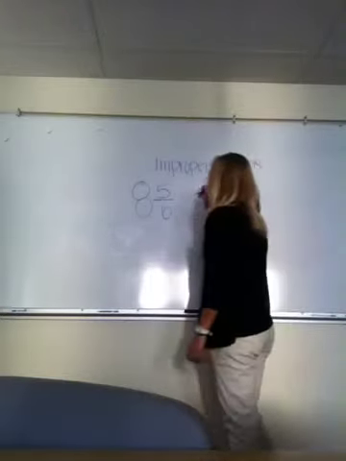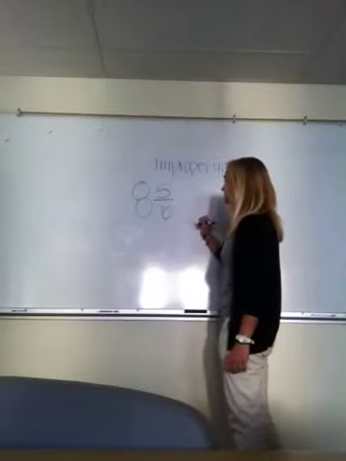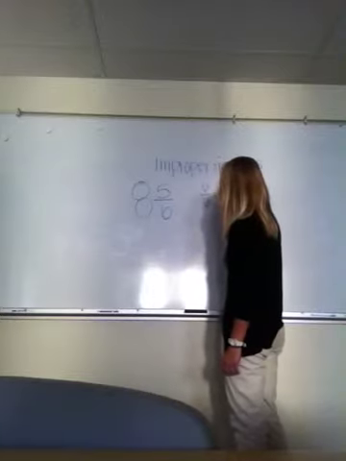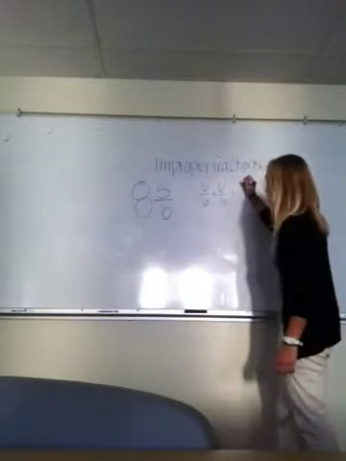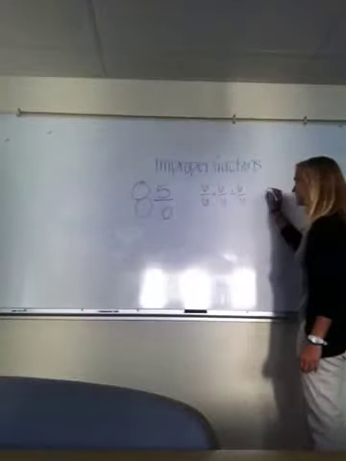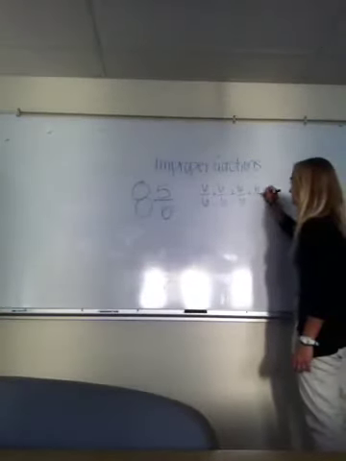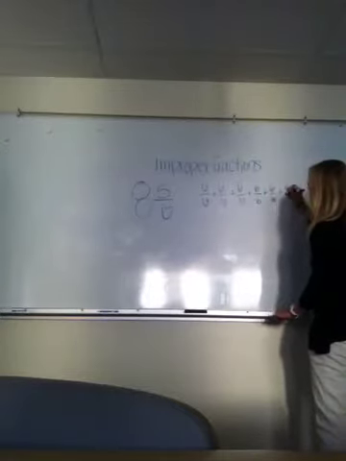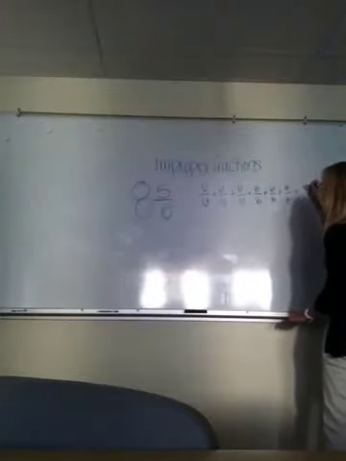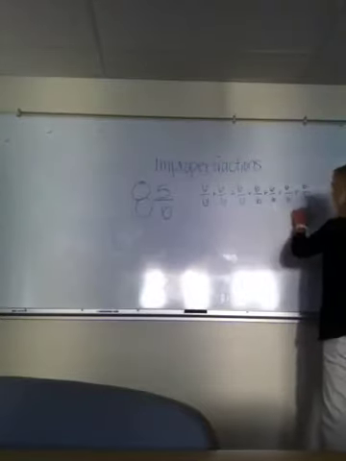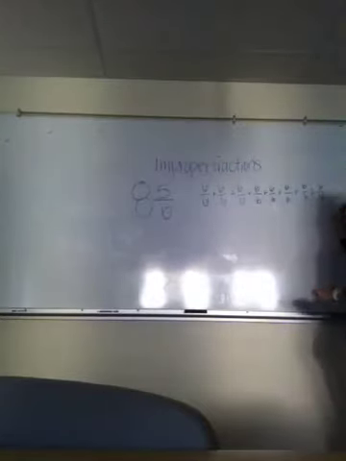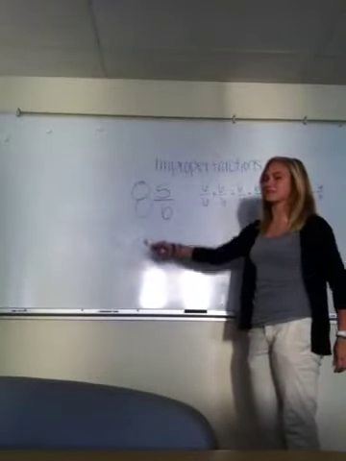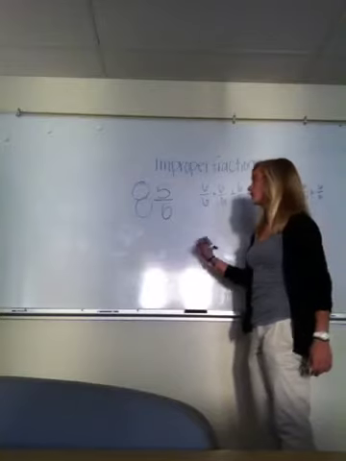Okay, so 8 5/6 is also equal to 6/6 plus 6/6 plus 6/6, etc., till we get to 8, right? But that's kind of crazy looking, right? Well, here is something really cool that we can do. What is 6 times 8? 48.